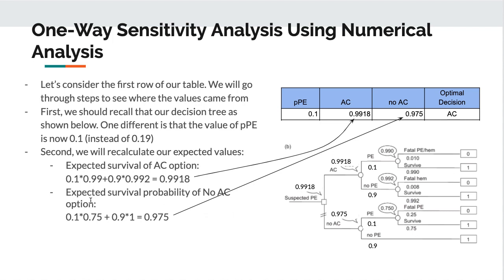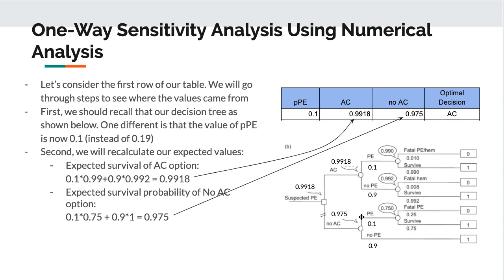Similarly, we can calculate the expected survival probability of the no AC option. Here we have this one the same. The expected value of this node for one fold equals 0 times 0.25 plus 1 times 0.75, so this expected value equals 0.75.